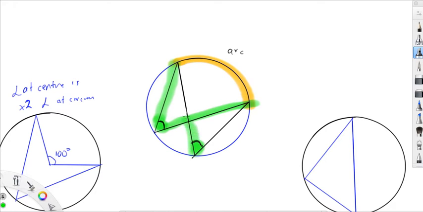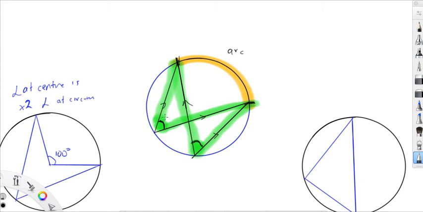And if we trace this angle back, it's also from that same arc. So that's how we do it. We trace these angles back all the way up to here, and they're actually from the same arc.